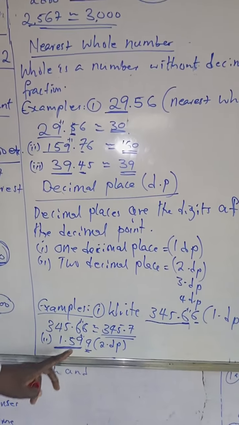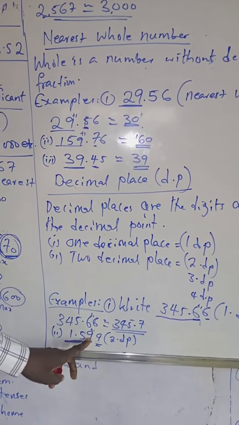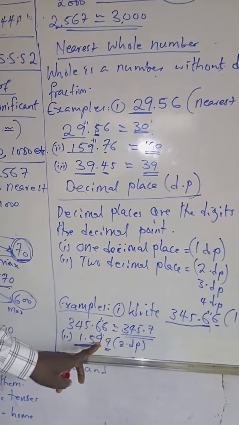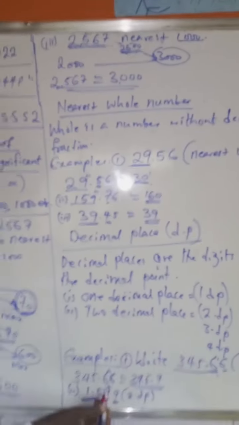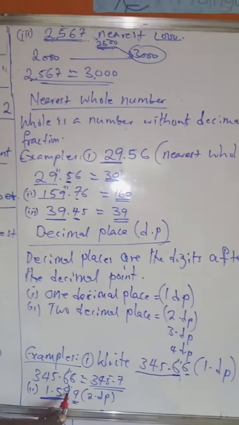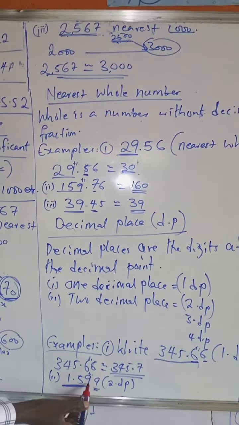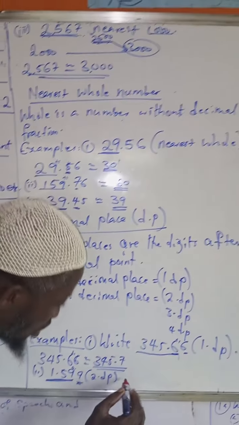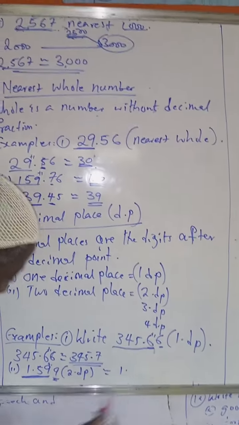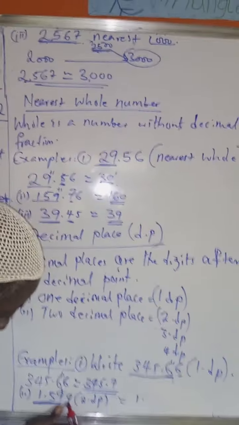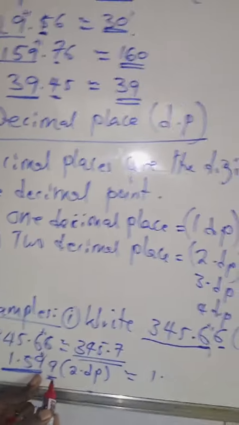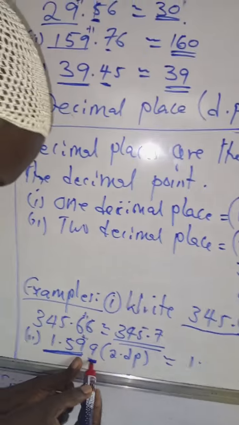Now if I add 1 to this one, it will become 10 again. And 10, I cannot write 1 0. So therefore, 1 will still come to this, and here will go the 0. So this one will now be approximated equal to 1.60. Look at it very well. I am concerned with 2 numbers after the decimal, but this number, I will consider it.